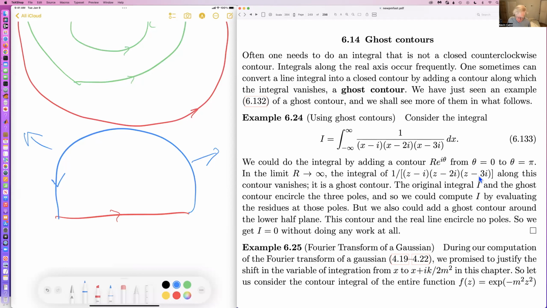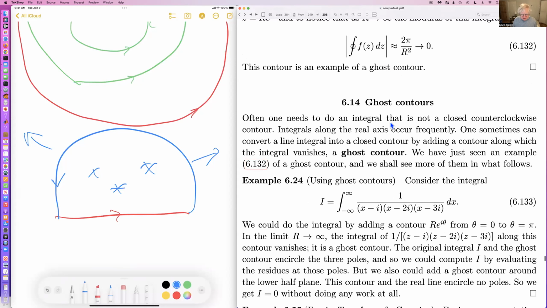Then you can add the Gauss contour to the integral you have along the real axis. Then you have a closed contour, and then you just pick up whatever singularities are inside. Well, we'll start doing that on Tuesday. It's something quite important. And so this is basically where we're going to stop.